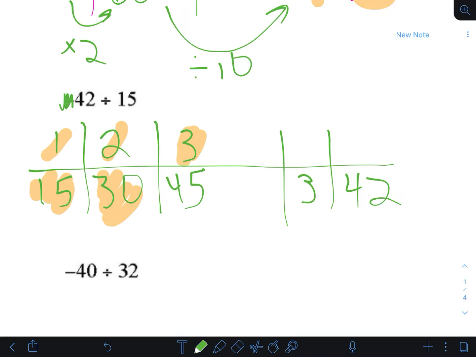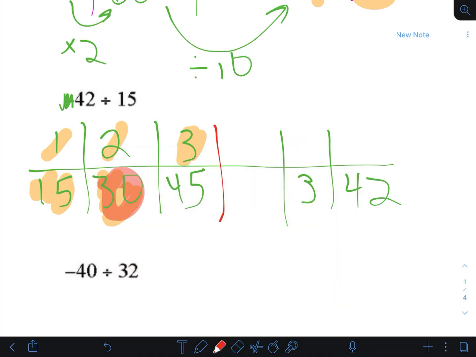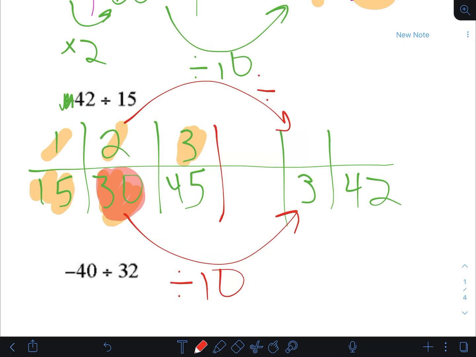Well, if that's what I need, Mr. Schneider, look at this. If I double 15, I get, oh, I already have the work here. Sorry. So I already have the work right here. I have 30. So I can say, okay, 30 divided by 10 gives me 3. 2 divided by 10 gives me 0.2.